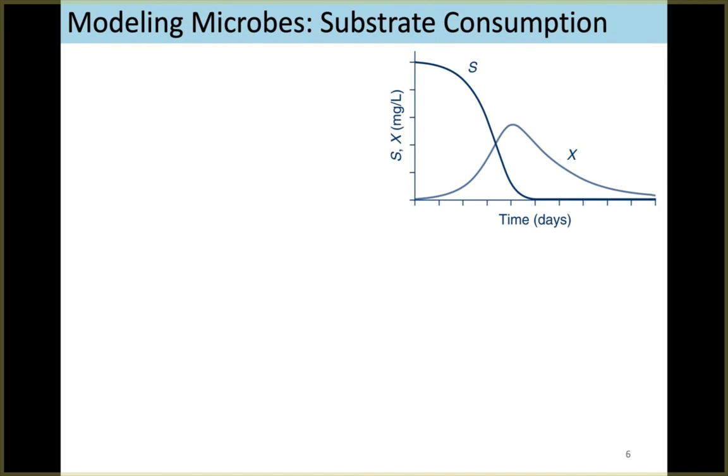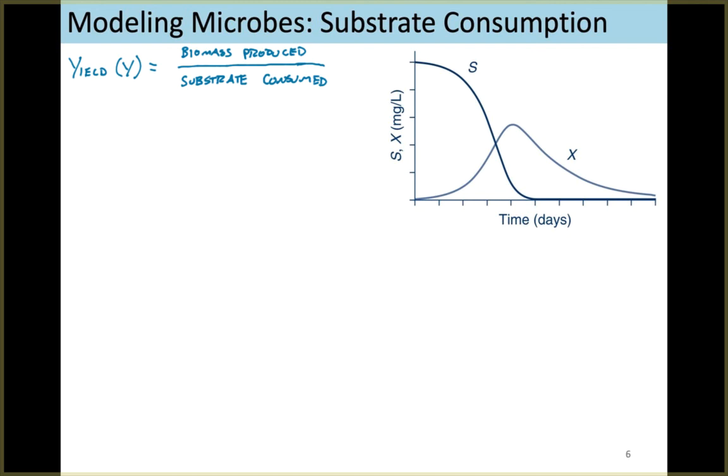Now, in the same way that we're interested in describing the population of microbes, we've already implied that there's this coupling to how much substrate is present. The microbial term on the previous page in black has this value of S in it for substrate. But of course, as microbes grow and use substrate, we expect the amount of substrate to change. And so in order to model substrate, we need a way to link these together. So we need to link together how much biomass gets produced as substrate gets consumed.